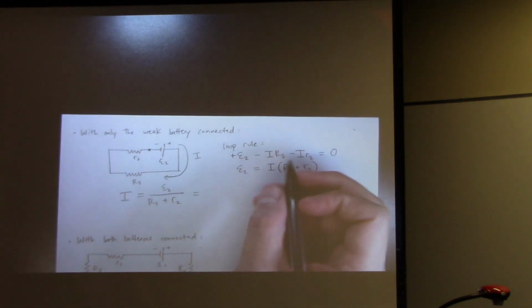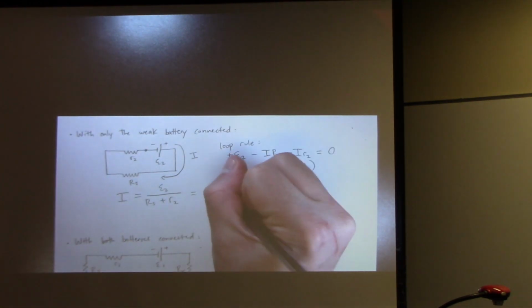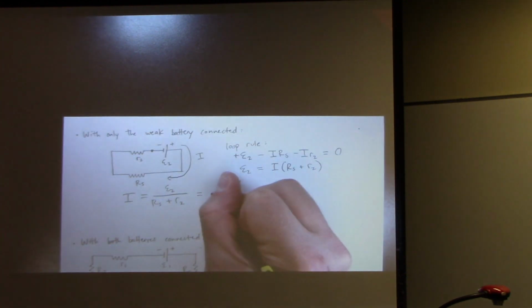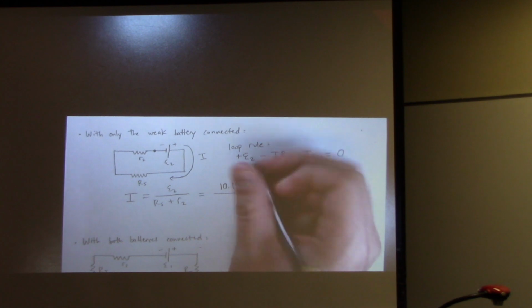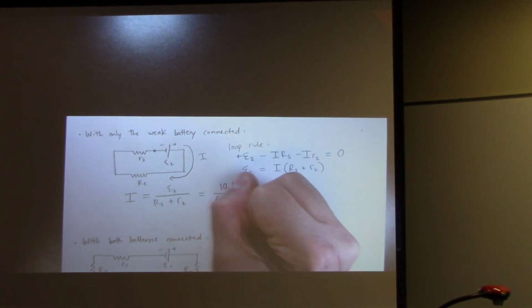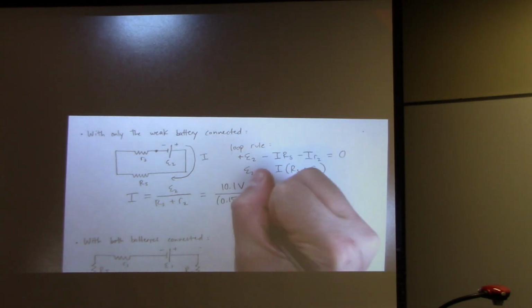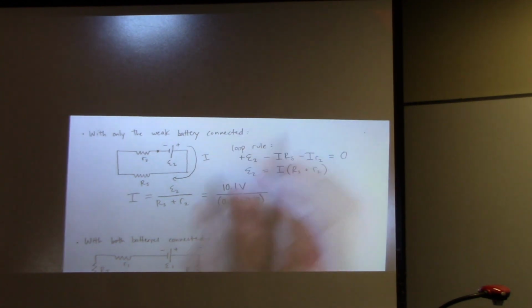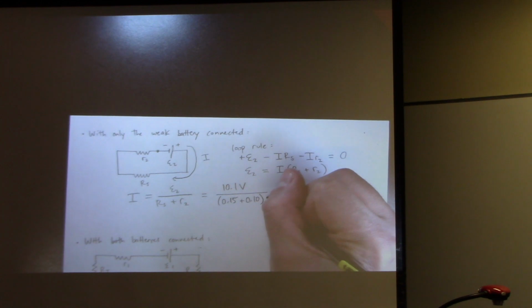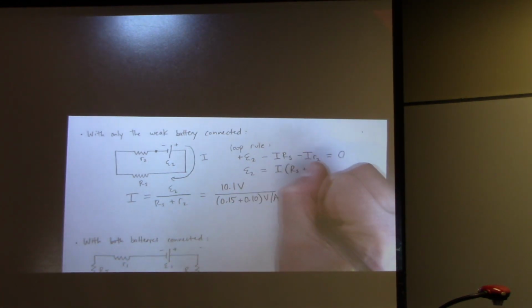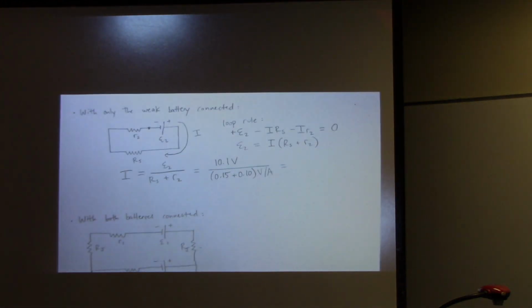And what do we get? So epsilon 2, that's the weak battery's EMF, is 10.1 volts. And then we have the summation of these two resistance values. One of them is 0.15 for the starter motor. The other one is 0.10 for the internal resistance. These are measured in ohms, but you can think of that as a volt per amp, so we're getting a current measured in amps.